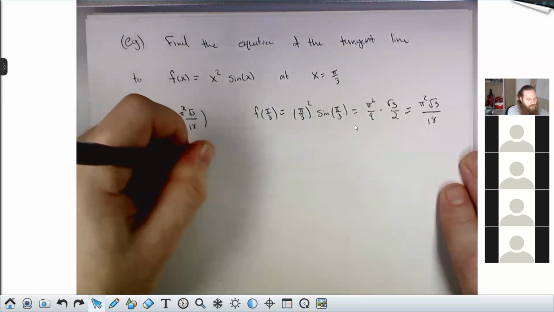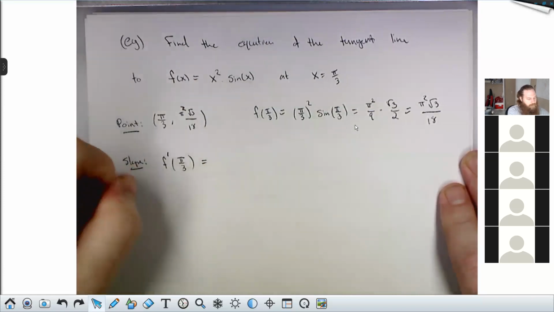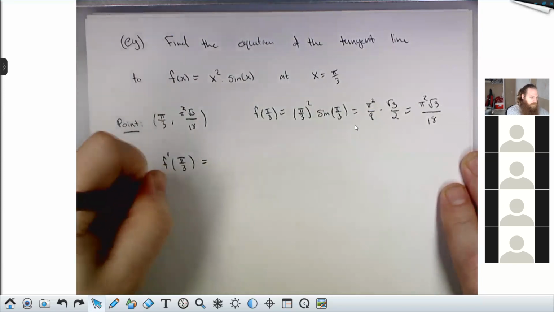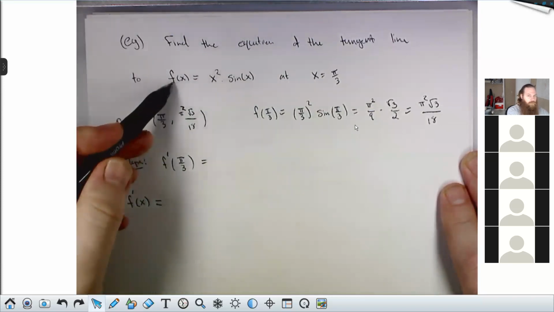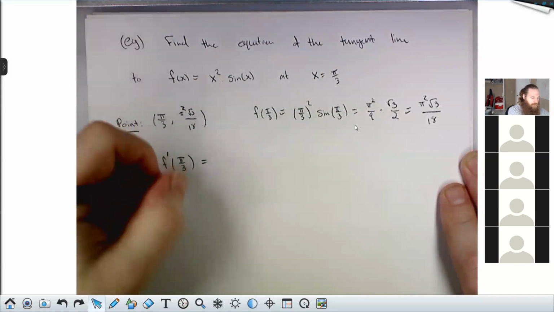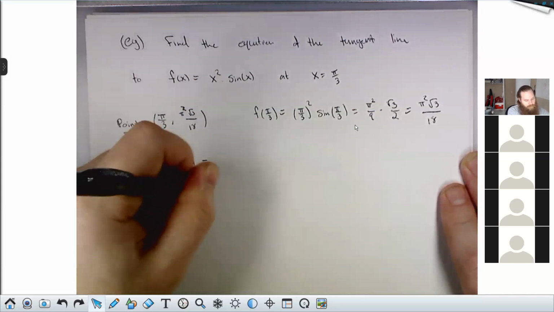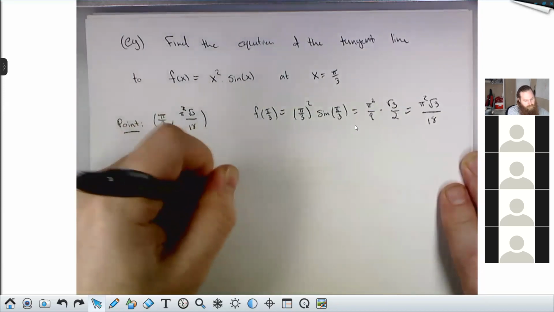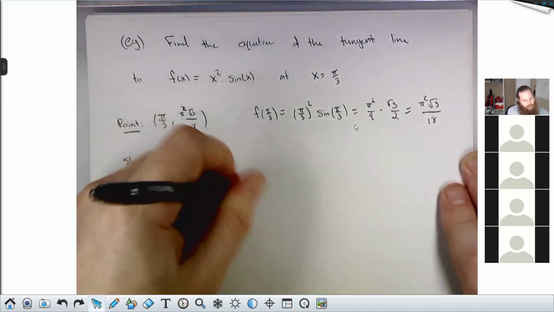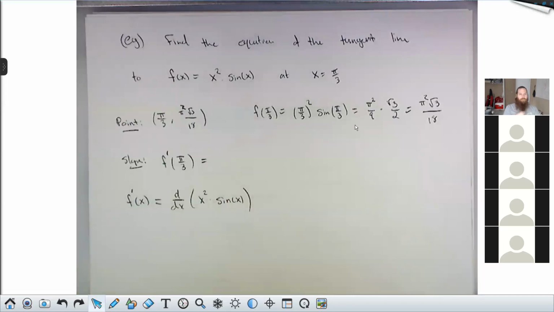And in order to get that, I first need to find f primed of x. So how do I differentiate this function, x squared times sine of x? Someone help me with this derivative.